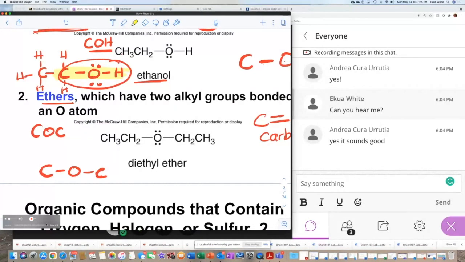So we're dealing with these three right here. Now, the rest of the molecule can have more than two carbons, but you have to have a C attached to an O attached to a C. The rest of the molecule can have a bunch of carbons. We really don't care, but as long as you have this combination here, C-O-C, and then, of course, the hydrogens, then with that combination of letters, you have an ether, or should I say elements, right?